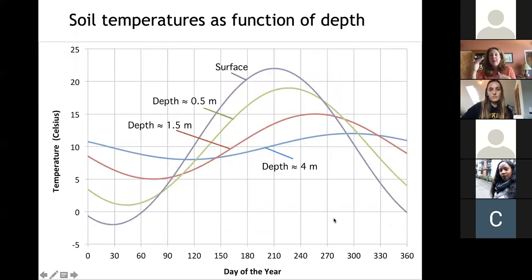If you imagine, the further down you go, the temperature of the earth is going to start being relatively constant, about equal to the average annual air temperature. So let's think about that. In a hot and humid climate, what's the average annual air temperature?